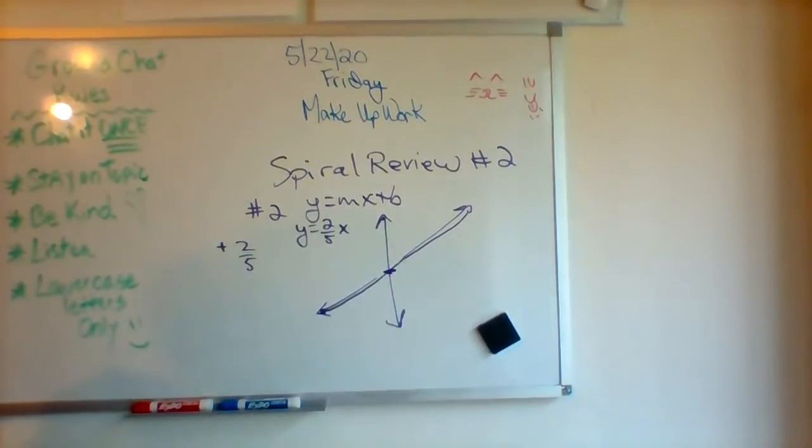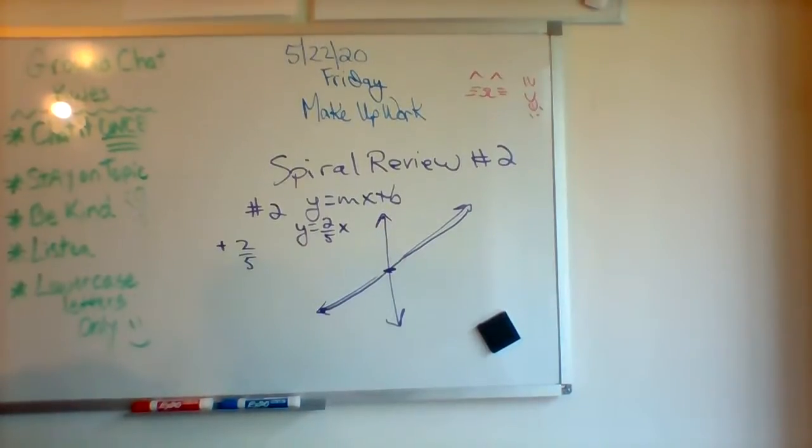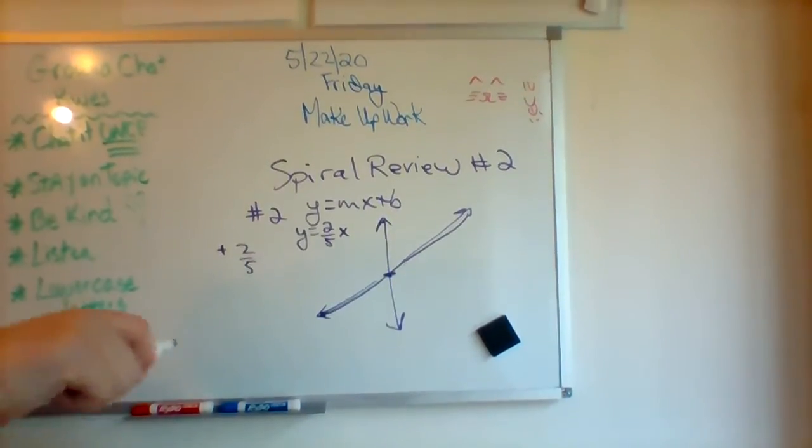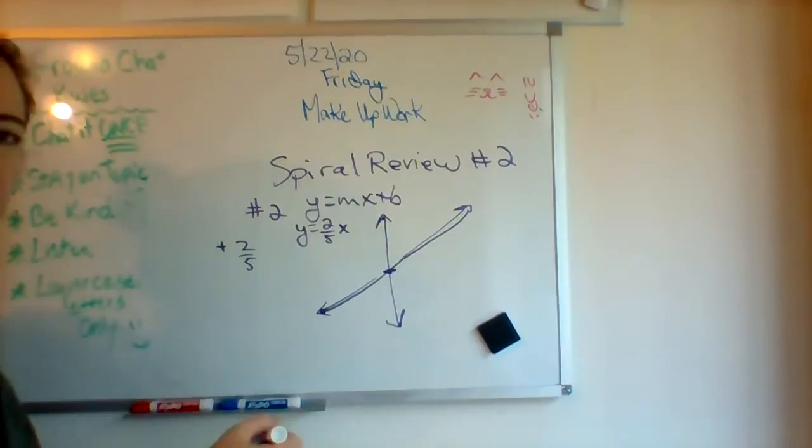It hits it at a positive 2 or a negative 2, because that makes a big difference. Does the line hit Y at 2 or negative 2? It hits it at negative 2. Let's see.